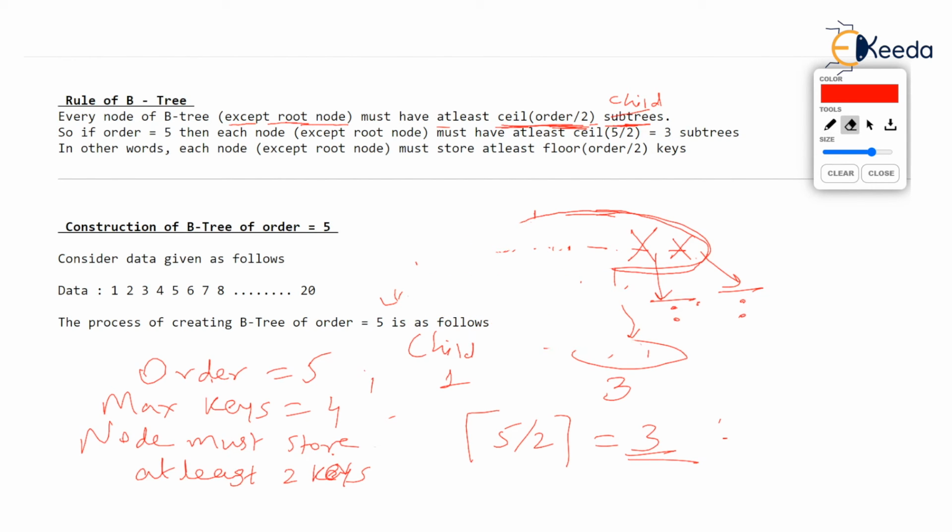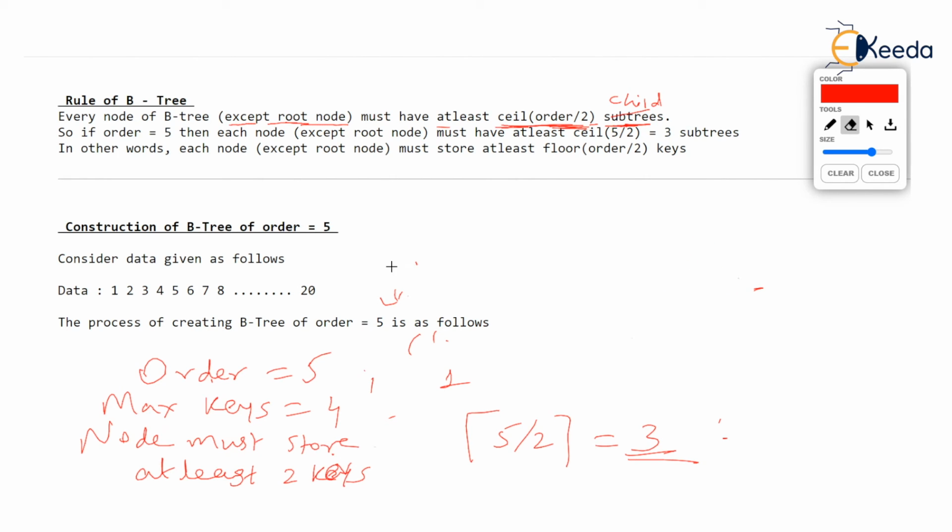So what if the node has capacity of 4 keys? Then you should at least store two keys in that, and let the other two keys get wasted. It's fine. There's no problem with that. So if you have a node which has capacity of 4, then you must store at least two keys.